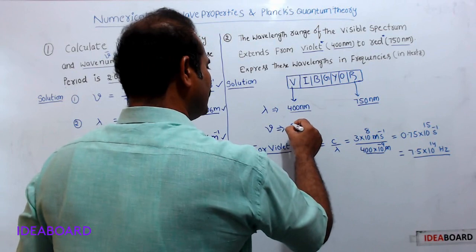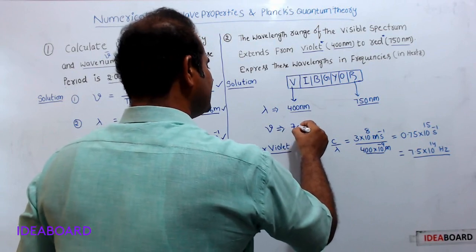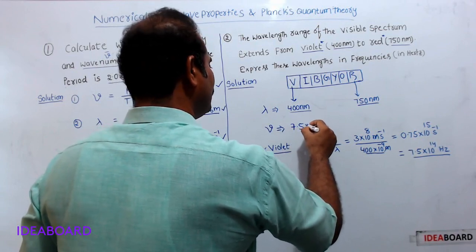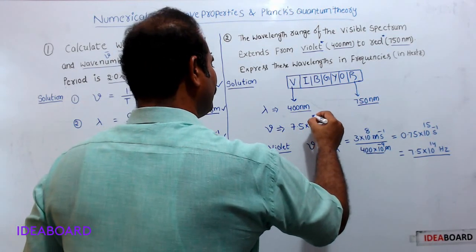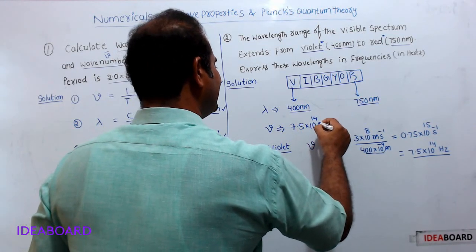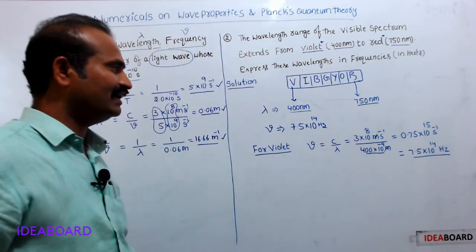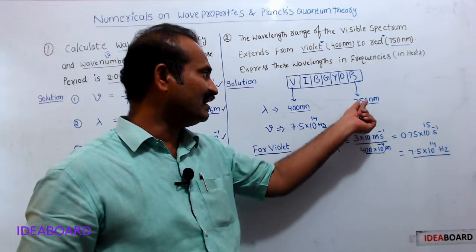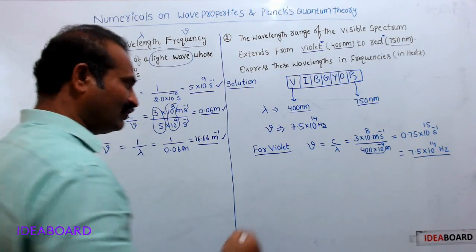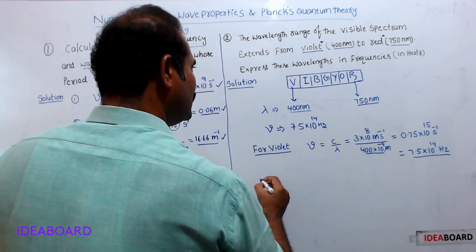I am writing this value: 7.5 into 10 power 14 hertz. Similarly, we can find the frequency of red, the other extreme of the visible region.